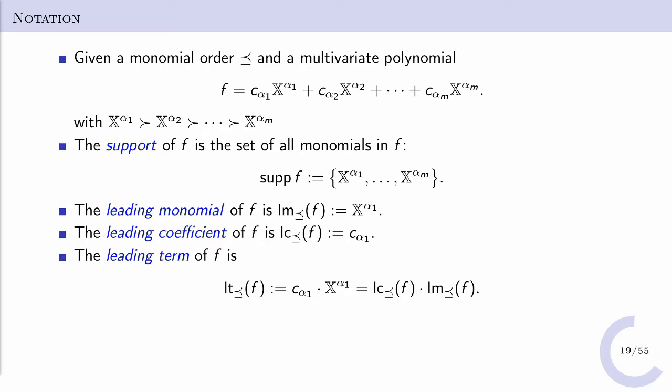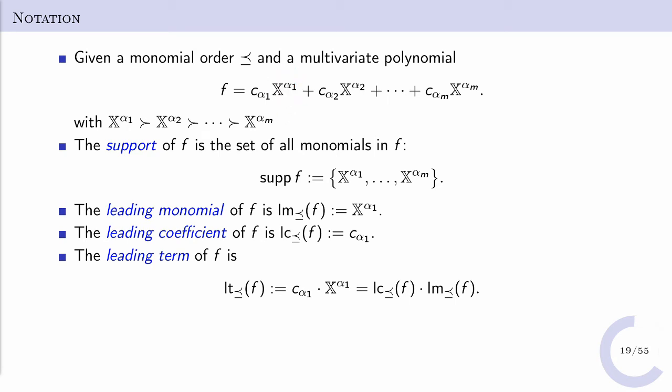Once we have introduced the different monomial orders, we can introduce some more notation. So suppose we are given a polynomial in variables x1 to xn, and we have ordered its terms in decreasing order with respect to some monomial order. So we have the sequence of terms, and the first monomial is the biggest of all of them.